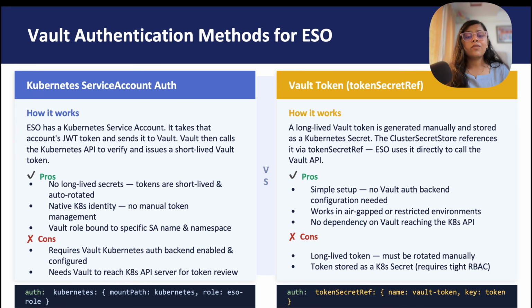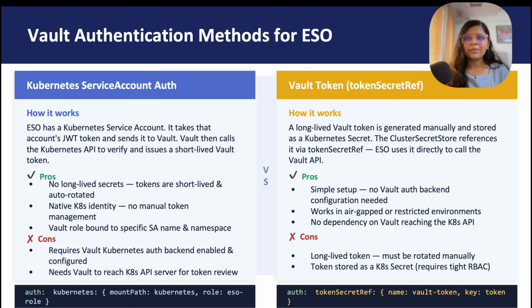Whereas in case of Vault token, it is a long-lived token and we ourselves have to rotate it manually. Okay. Token stored as a Kubernetes secret. Okay. So it requires tight RBAC because again we are storing the token in the form of a secret, right? So anyone can access it and misuse it. So this is something that we need to manage.